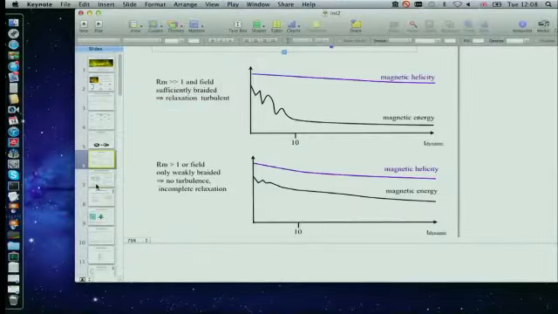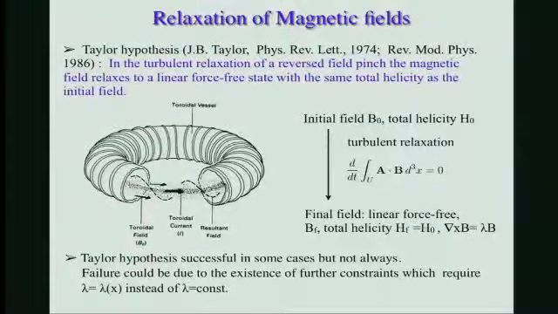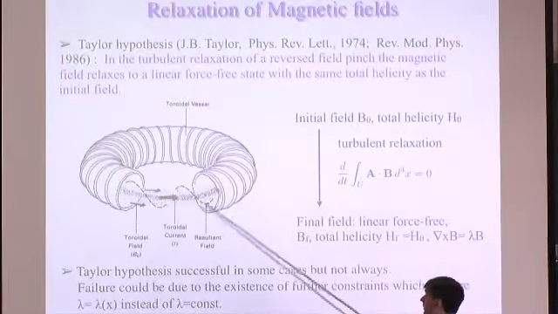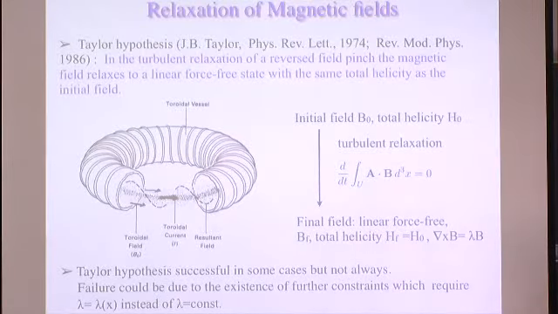Yes, and this kind of relaxation is also what has been suggested by Taylor for his famous hypothesis of how the reversed field pinch relaxes. What people have observed is that when they set up this magnetic field in this toroidal vessel and switch all the currents on, first this magnetic field undergoes a turbulent relaxation and then it settles in a certain state.